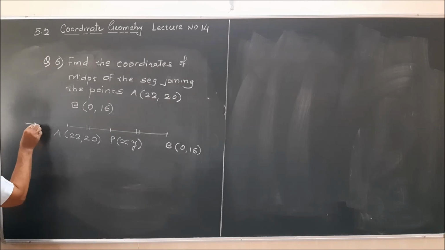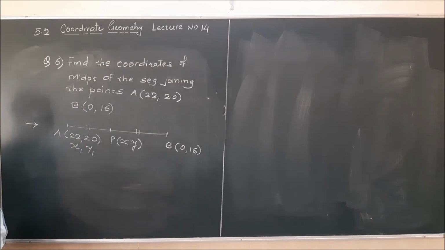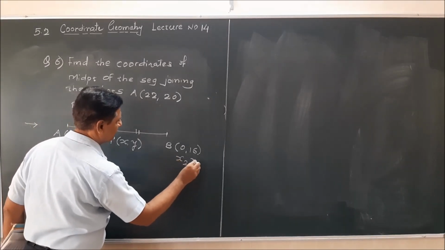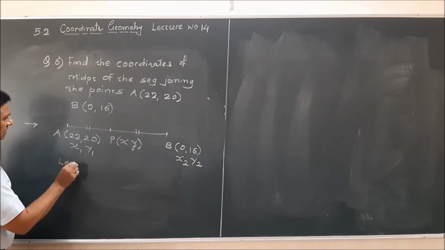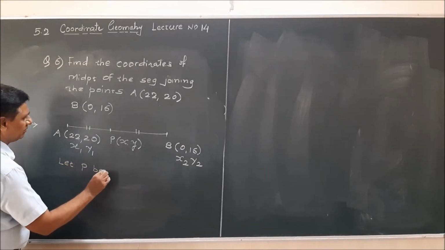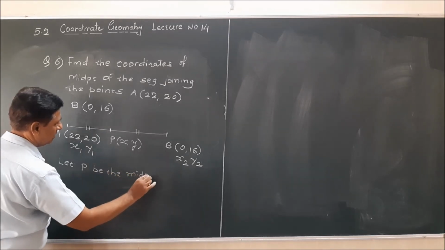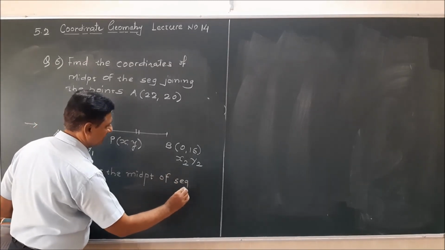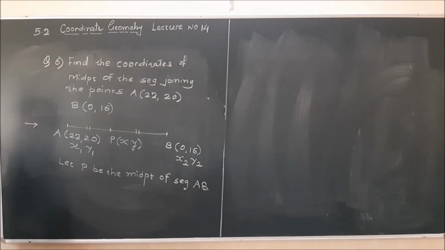Here let the coordinates of A be x1, y1 and coordinates of B as usual x2, y2. Let P be the midpoint of segment AB. P has the coordinates x and y.